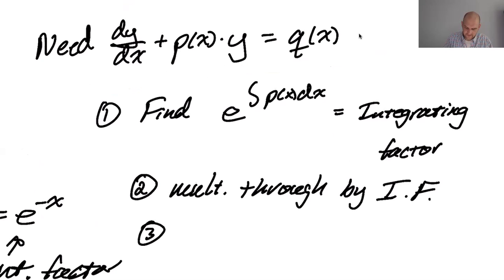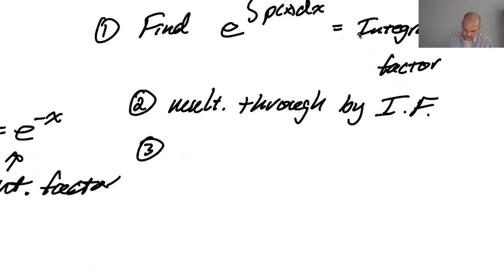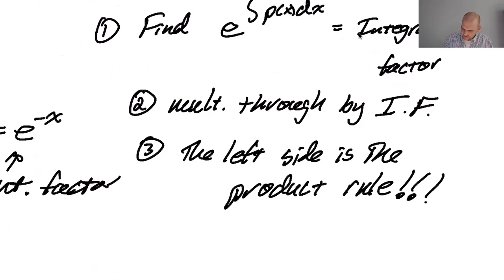If this is true, then when you multiply through by the integrating factor, the left side is the product rule. It will be guaranteed. That's the method: product rule. There we go. That's astounding.